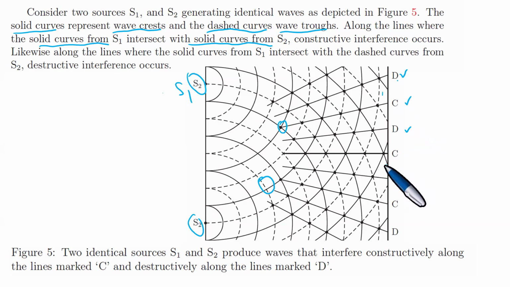Then you have dashed and dashed, solid and solid, which is constructive, and so on and so forth. The two identical sources, S1 and S2, produce waves that interfere constructively along the lines marked C for constructive and destructively along the lines that are marked D. So this is destructive, that is constructive, and we've already discussed that. Let's move on to the next thing.